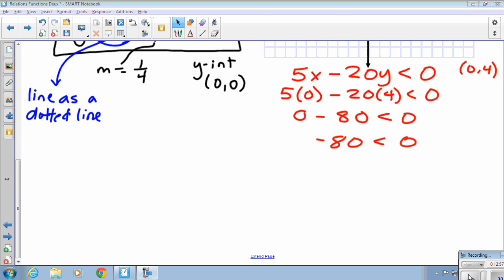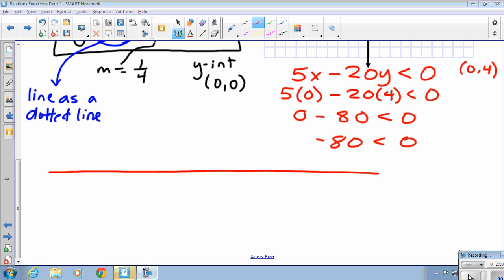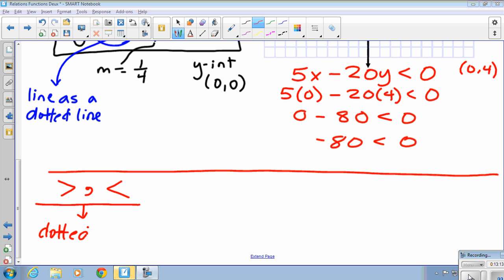So some takeaways from this first part of graphing inequalities in two variables. If I have greater than or less than in my inequality, my boundary line would be dotted or a broken line. If I have greater than or equal to or less than or equal to, my boundary line is a solid line.